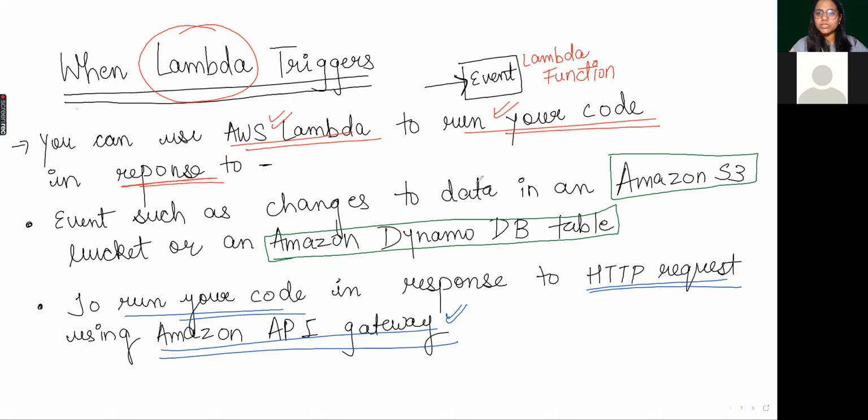Now we have to trigger those events. Events can be an S3 service or a DynamoDB table. Or if you want an HTTP request to be created, you can create it using the Amazon API Gateway service. That time also you can trigger the event. Getting it?